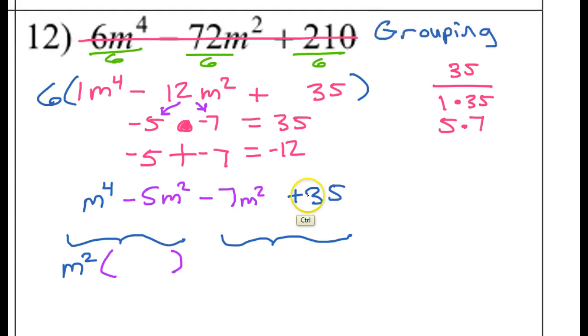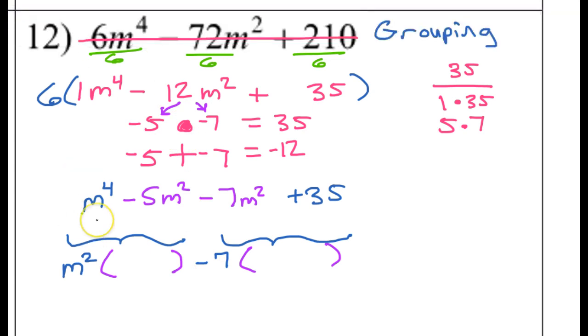The GCF of the second pair is going to be negative 7. Obviously, both of these are divisible by 7. I'm putting negative 7 because the first term is negative.